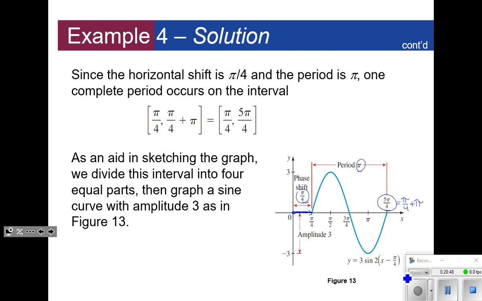That's why we ended the whole period of sine at 5 pi over 4. You have to include the phase shift into your period so that you know what your ending point is. I wanted to make sure you all saw that. And again, you know that we had the amplitude of 3 and all that.